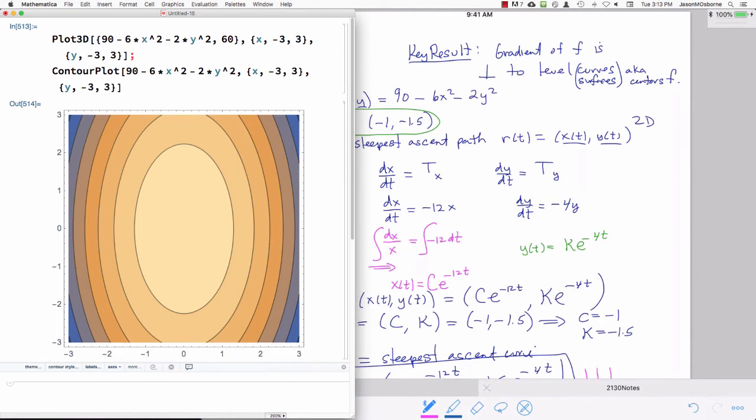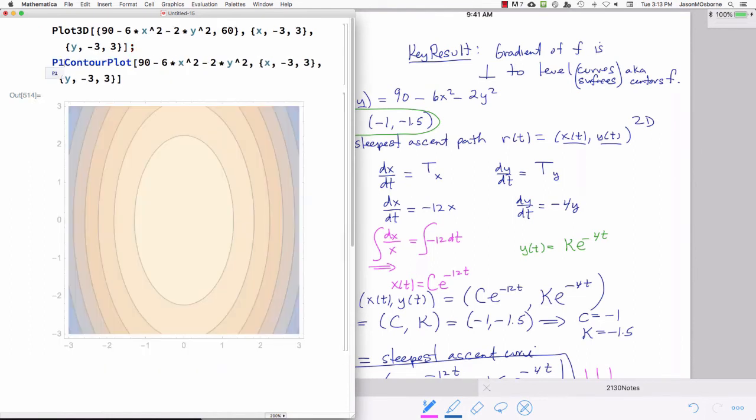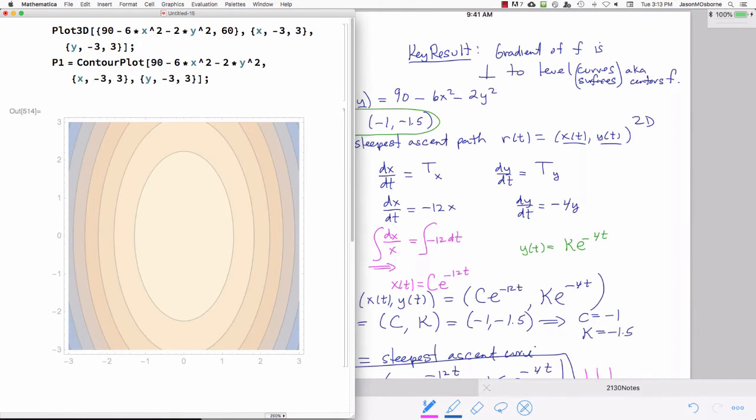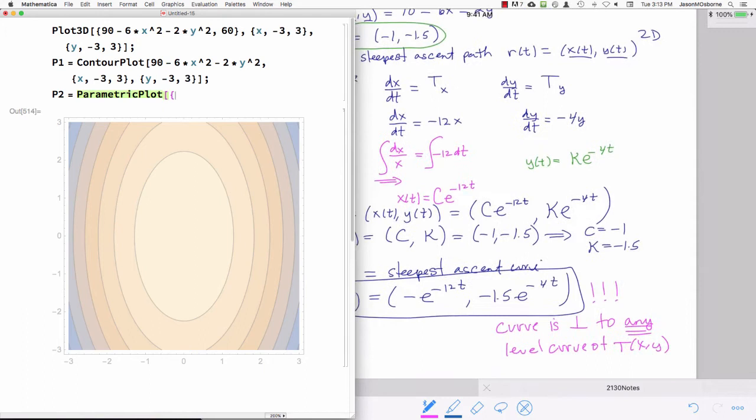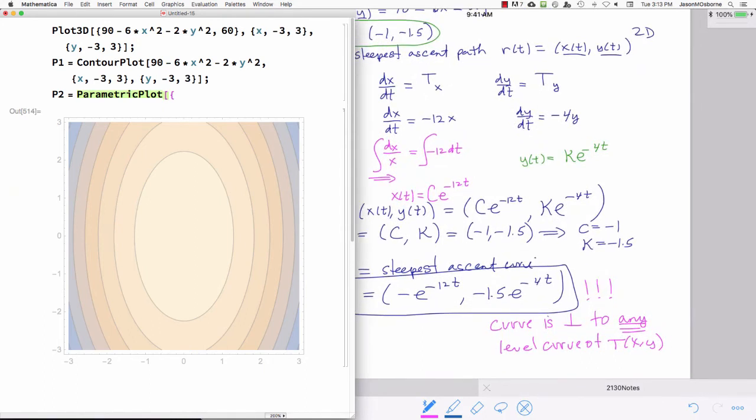Now take a look at the curve we just made. Let's call this plot 1, and I will hide it. Let's create a second plot, which is our parametric plot of the steepest ascent curve we just found.